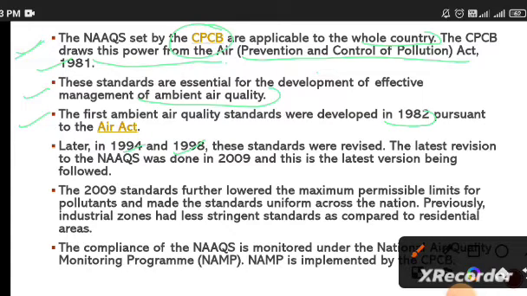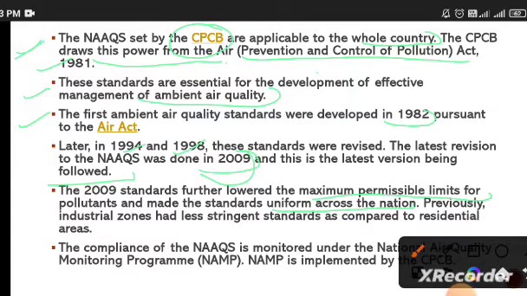Now, the latest revision to the National Ambient Air Quality Standards in 2009 is being followed, and the 2009 standards further lowered the maximum permissible limits for pollutants and made the standards uniform across the nation.